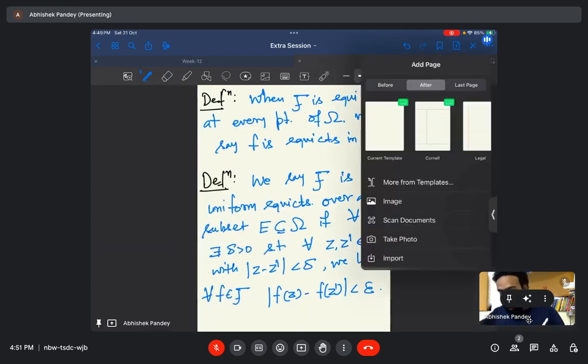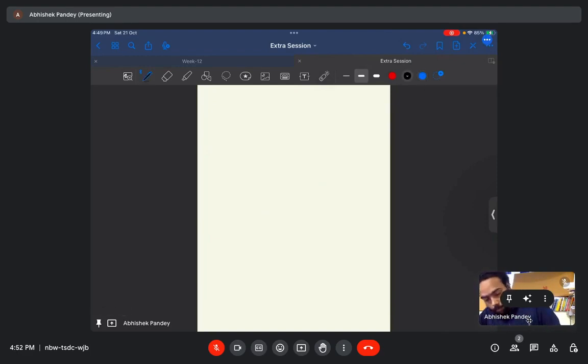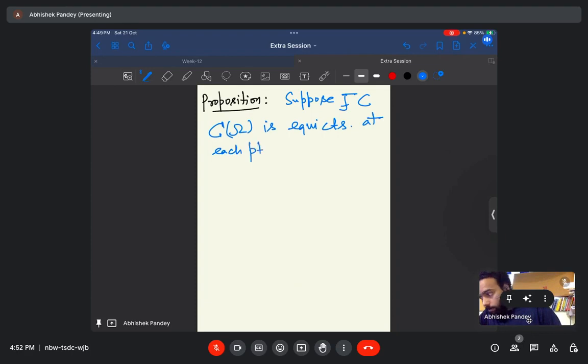We will see a criterion for when pointwise equicontinuity implies uniform equicontinuity. So you can see the proposition. Suppose F subset of C(Ω) is equicontinuous at each point of Ω, that is, F is pointwise equicontinuous.